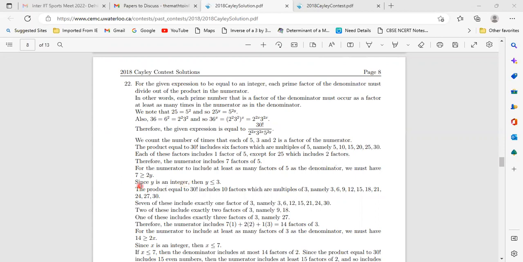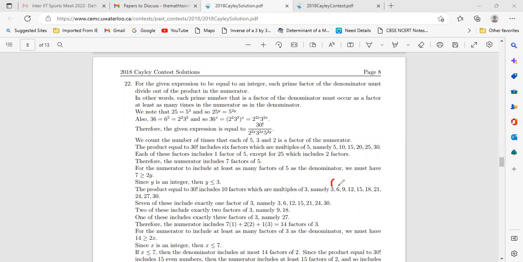Okay. So you do have to deal with this 3 and this 2. So if you try to deal with the 3, the product equal to 30 factorial includes 10 factors which are multiples of 3, like 3, 6, 9, 12, 15, 18, 21, 24, 27, 30. 7 of these include exactly one factor of 3.